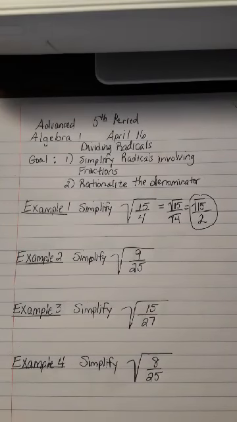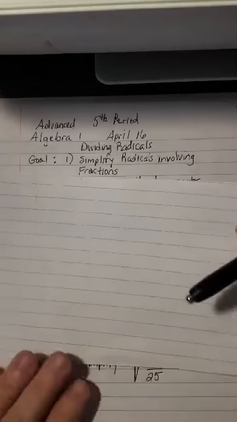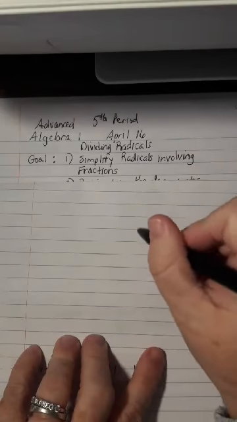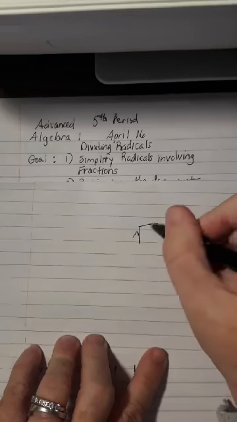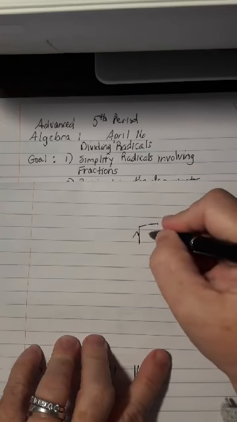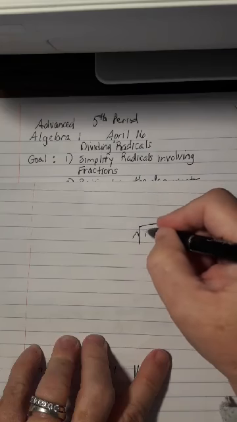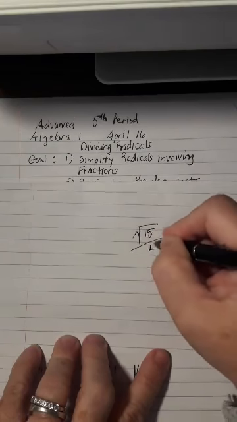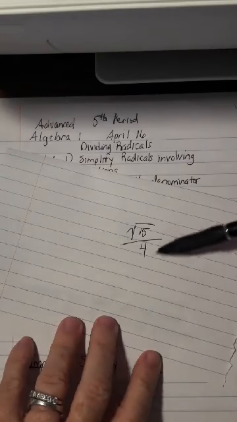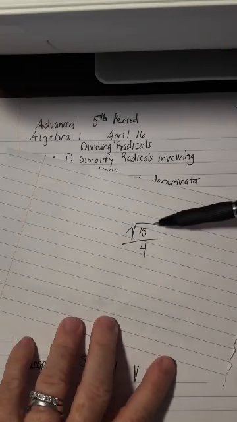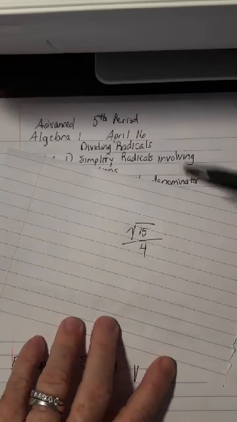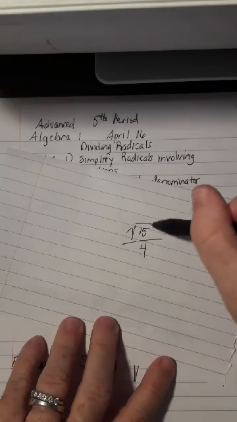If your problem was the square root of 15, over 4, like that, with the 4 out of the radical, you wouldn't take the square root of that 4, because the fraction wouldn't be inside the square root.